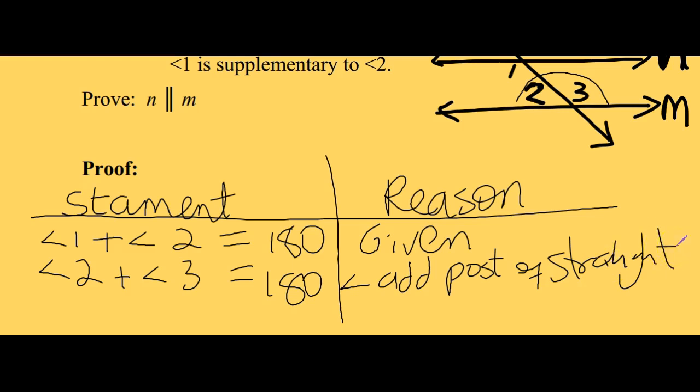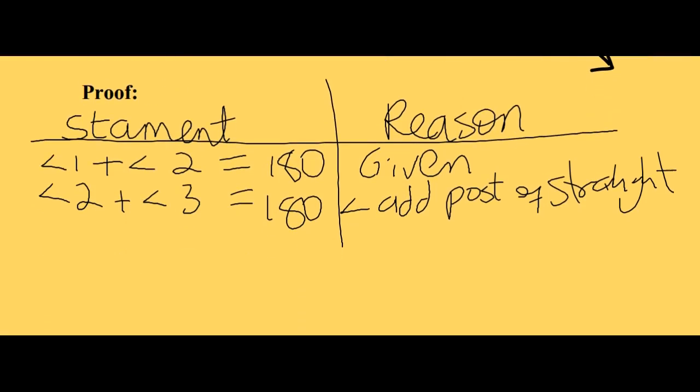Okay, so now what else do we know? Well, the sum of angle 1 and 2 is 180, and the sum of angle 2 and 3 is 180 also. Both of them equal each other, which means the two sums would equal each other.